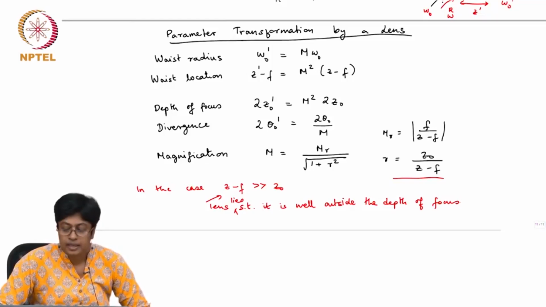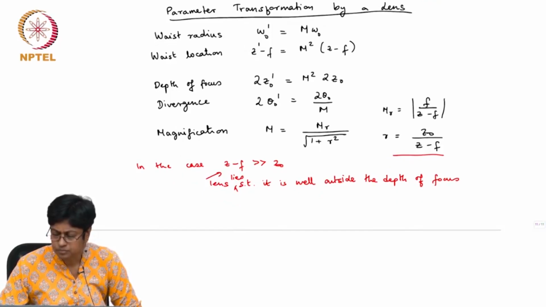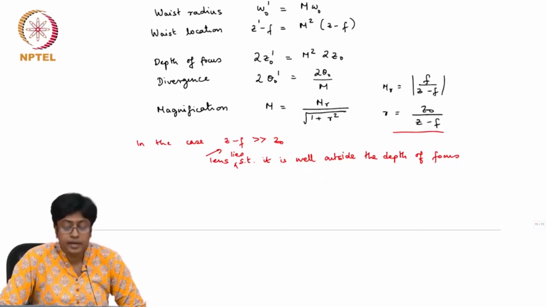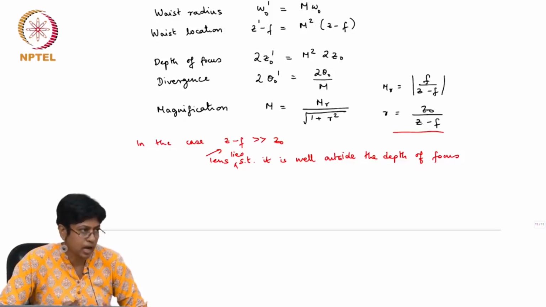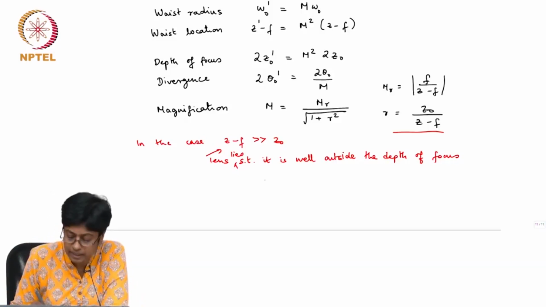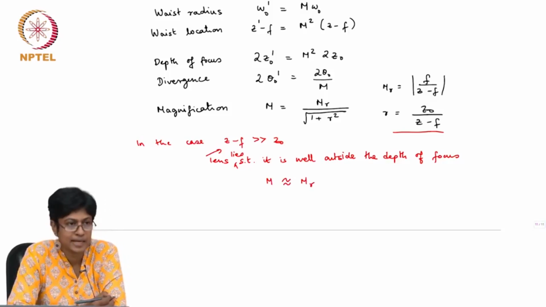Okay. Now, the moment I make this assumption, I am now controlling the values of R. By saying Z minus F is much greater than Z naught, I am saying R has become much smaller. Or in other words, I can say M now reduces to this parameter MR.